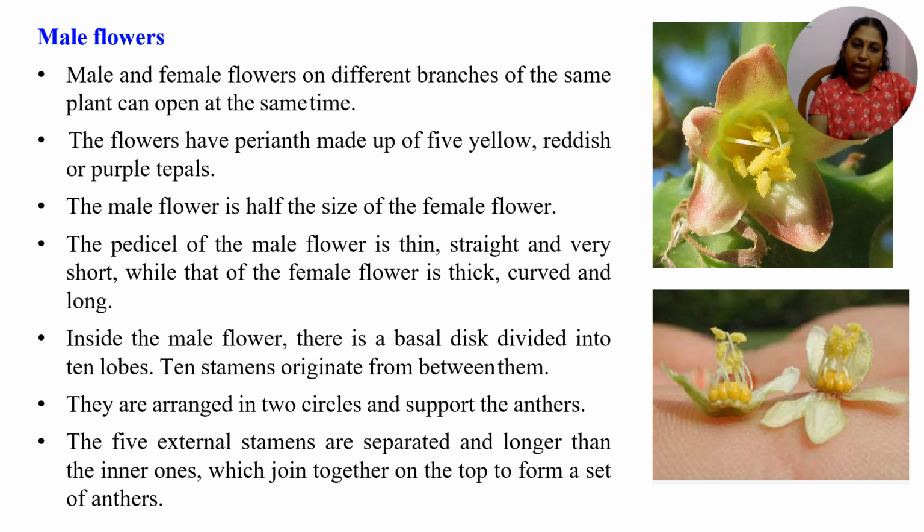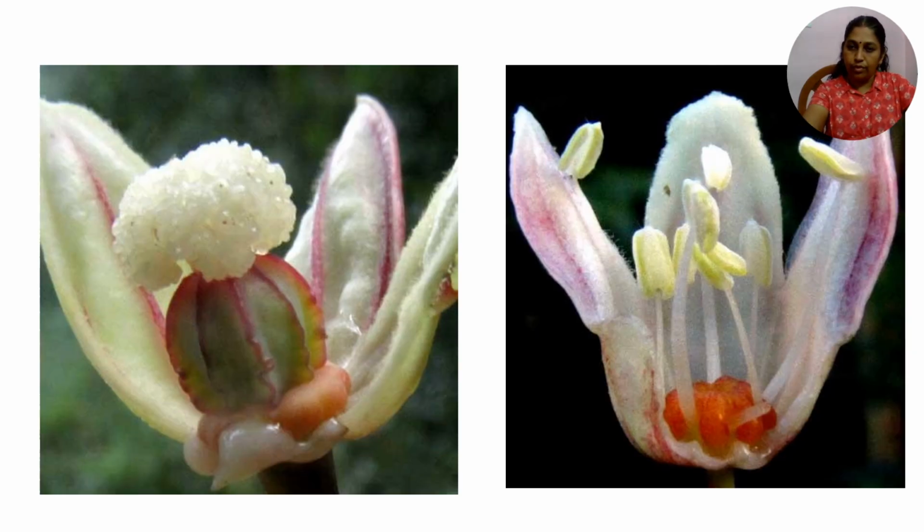The stamens will be arranged in 2 rows, inner 5 stamens and outer 5 stamens. The outer 5 stamens are longer than the inner ones. So this first picture shows the female flower and the second picture shows the male flower.